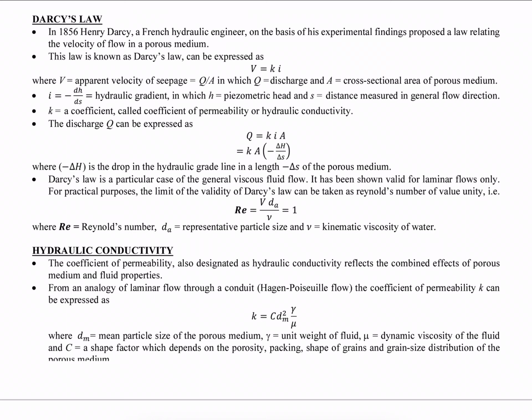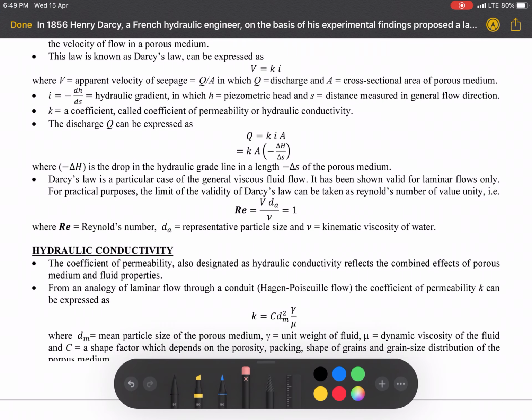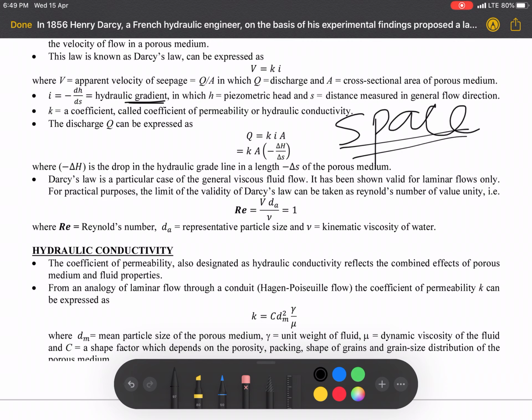Hydraulic gradient is what? Whenever the term gradient is there, it means something is varying with respect to space. If it is time, then it will be rate. So gradient means something is changing. What is that something?